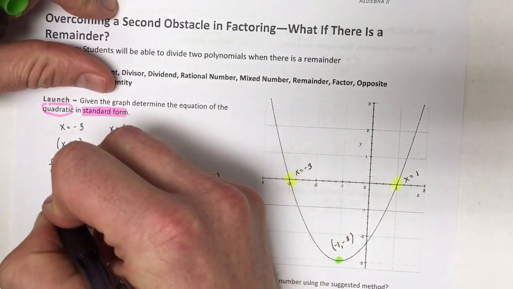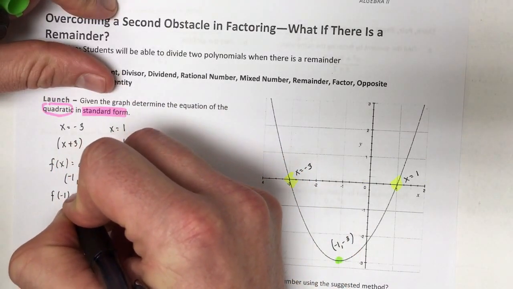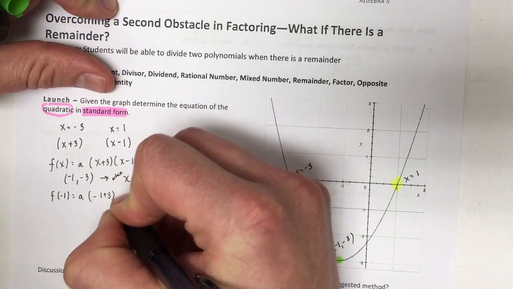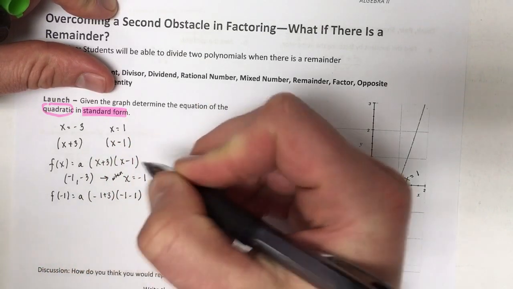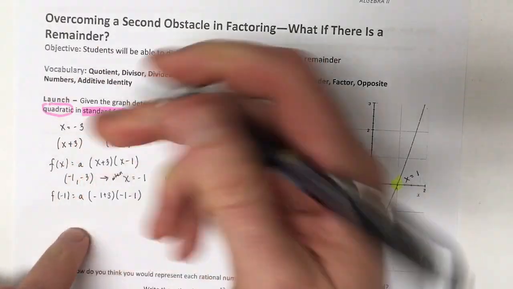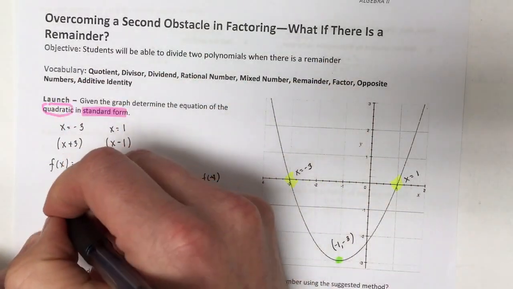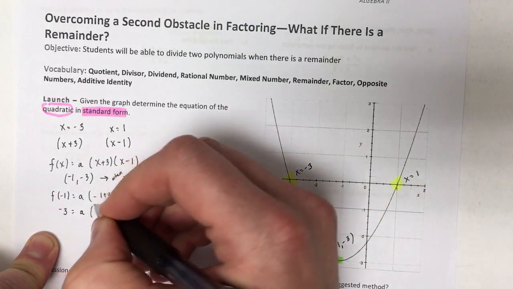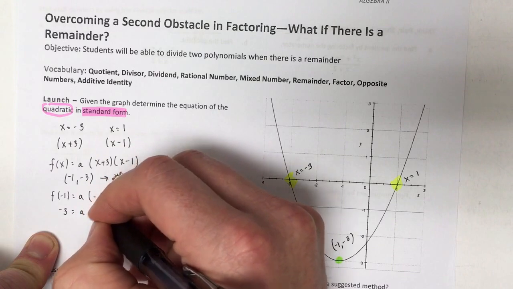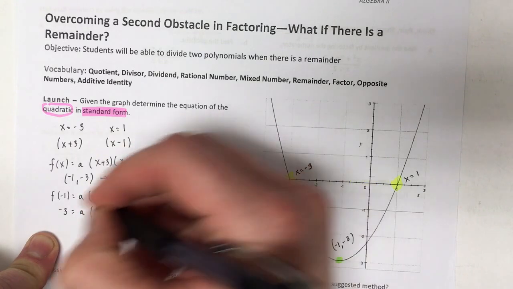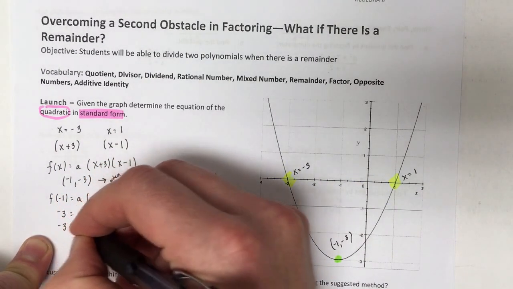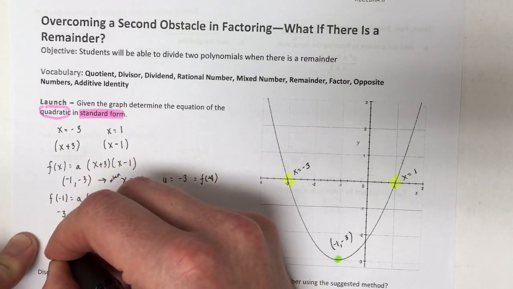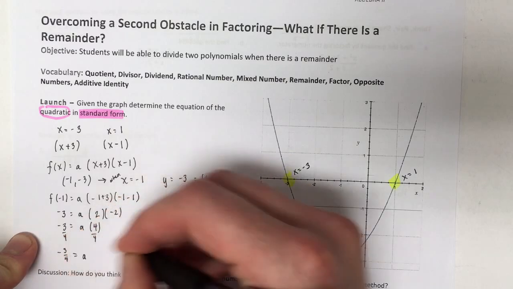Okay, so when I do this, I'll have f of -1 equals a times (-1 plus 3) times (-1 minus 1). f of -1 we just determined was the value of -3, times a. This gives me +2 times -2, which will be -4. So if I divide both sides by -4, I'll get 3/4 equals a.